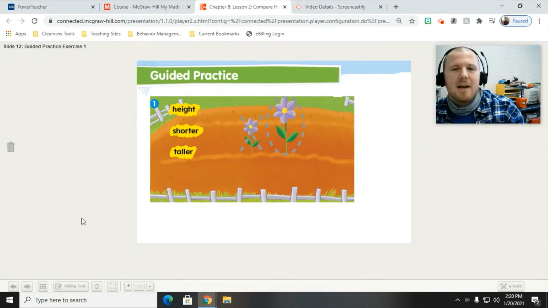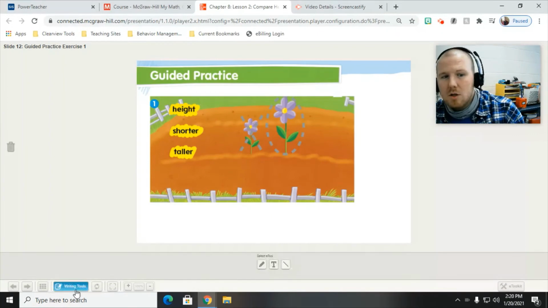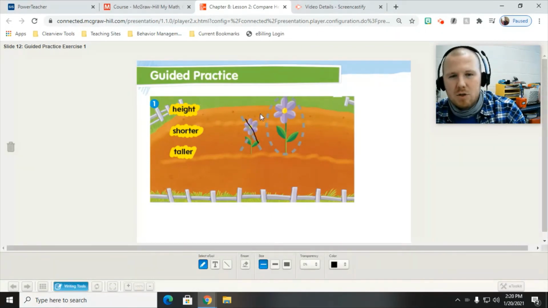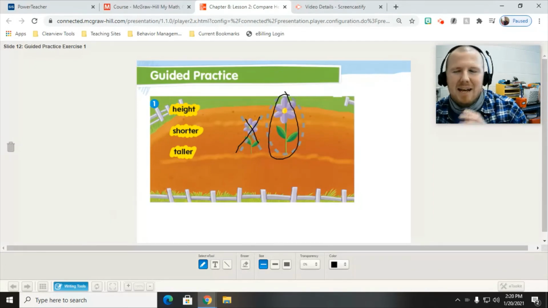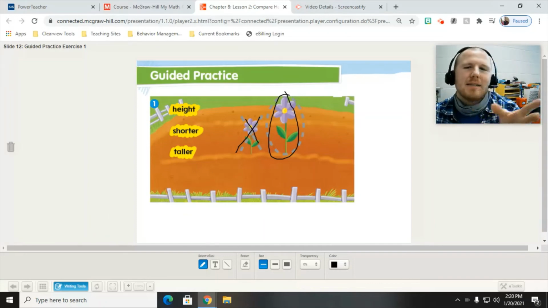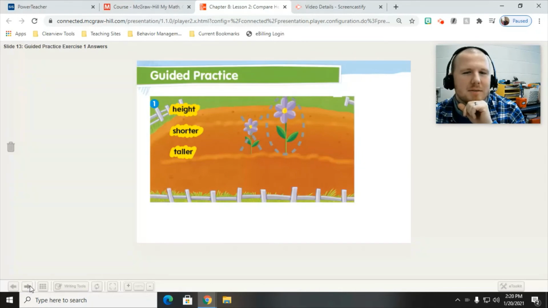We're looking at what is taller, what is shorter. So the shorter one they want us to cross off, and the taller one they want us to circle. And I suppose you guys will probably already know what to do when it's the same. Remember, equal, same as.